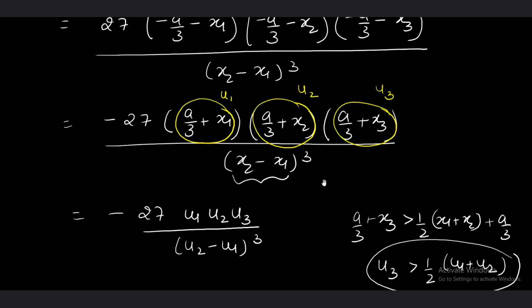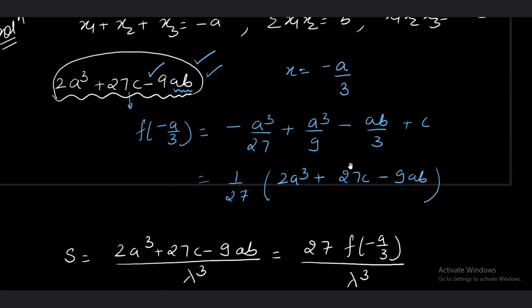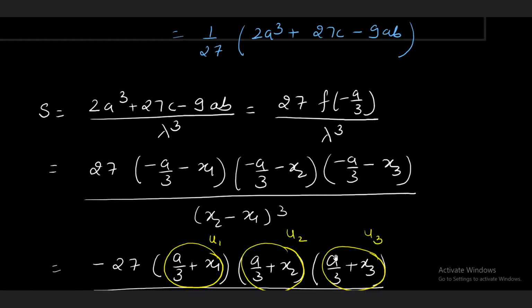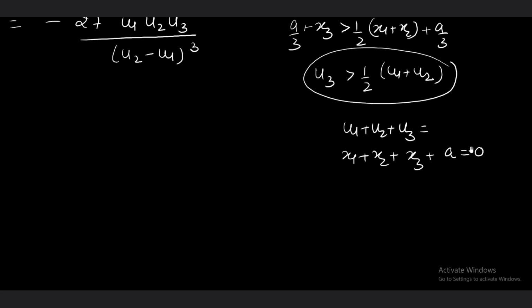To see, in the very first line I wrote sum of the roots. This is minus a. If this is equals to minus a, then adding a both the sides will give me the resultant value 0. यानी u1, u2, u3 में हमारे पास जो relations आ रहे हैं ना, वो ये relations हैं. एक तो हमने inequality को encircle करके रख लिया है, और एक u1 plus u2 plus u3 we are getting equal to 0, right?